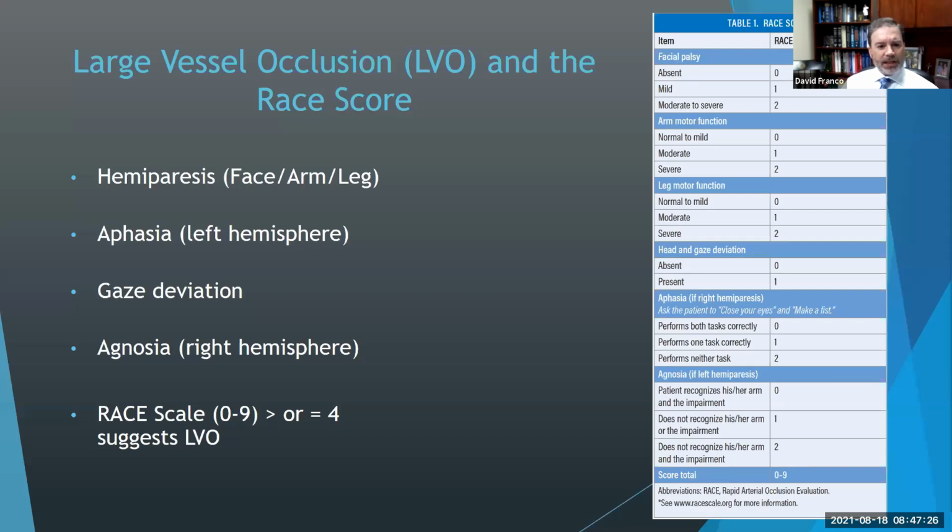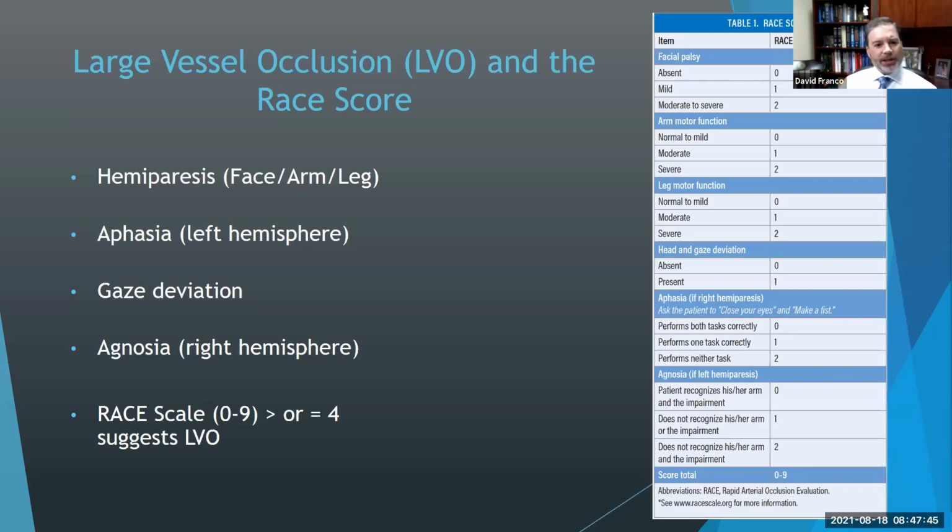And we have the ability to do this, but only in large vessels. So this would be the carotid artery, the middle cerebral artery, the anterior cerebral artery, and really it's only in the anterior circulation. So that's something that we'll have to keep in mind when trying to sort out stroke.